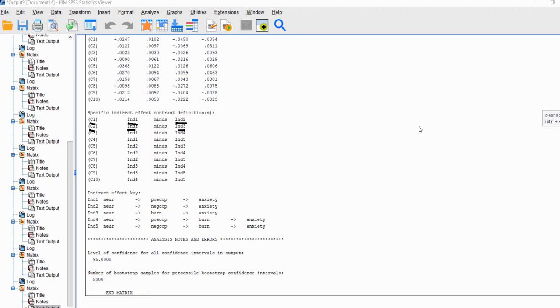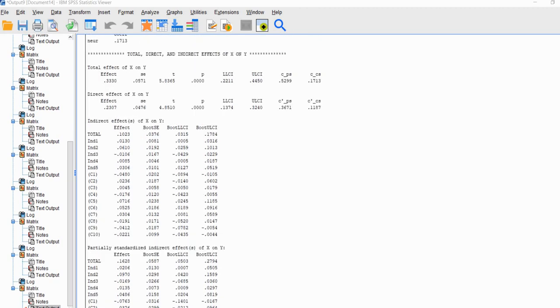So just as an example for the C1, if I go back up here to our first table, C1, you'll notice the contrast estimate is negative 0.0480, and that's just computed by taking the computed coefficient for IND1 and subtracting the coefficient for IND2, which is the 0.0610. So that's what gets us the negative 0.0480, and then you can use the bootstrap confidence interval right here in the same way we've been using it before to test the significance for that effect, or in this case we would be testing whether there's a significant difference between those two specific indirect effects.